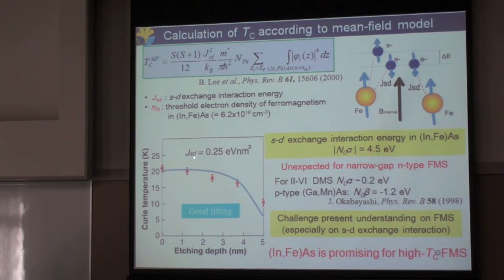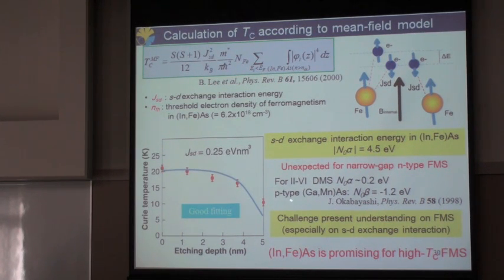In terms of JSD, it is 0.25 eV nm³. And in terms of N0α, it should be 4.5 eV. This is unexpectedly large for narrow gap semiconductors.